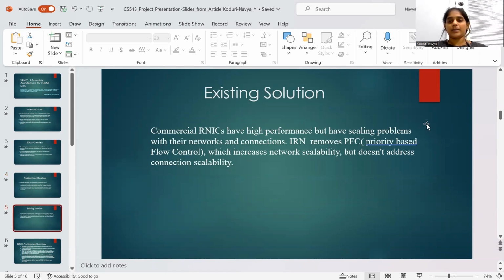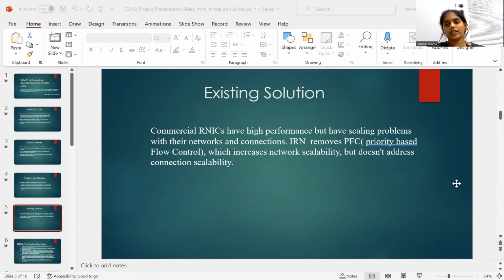The commercial RNICs have high performance, but have scaling problems with their networks and connections. IRN removes PFC, which is the major problem, and this increases the network scalability, but does not address the connection scalability.